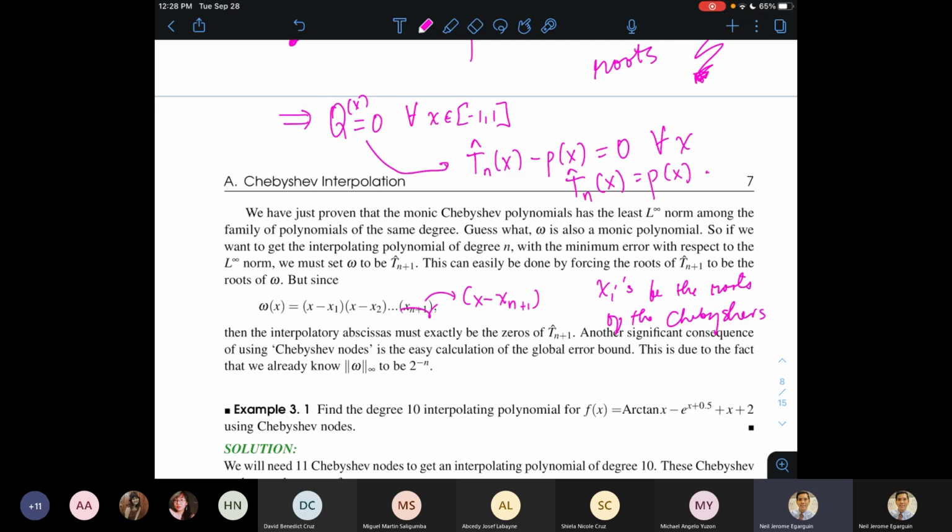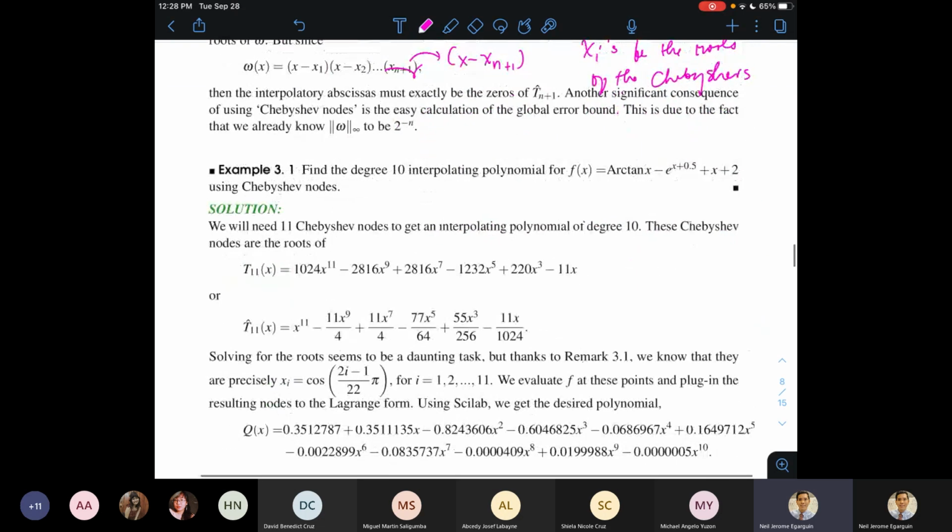And unfortunately, overtime na ako, I won't be able to show you an example. I plan to show you an example of using MATLAB to get the interpolating polynomial using the Chebyshev nodes for these examples in the module. But I guess we'll do that on Thursday na lang.